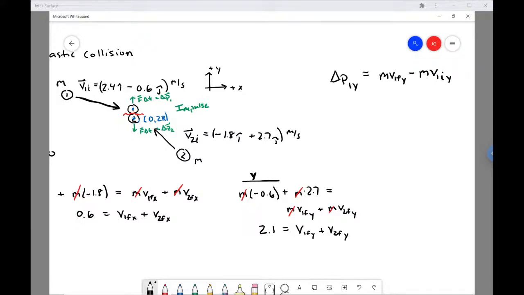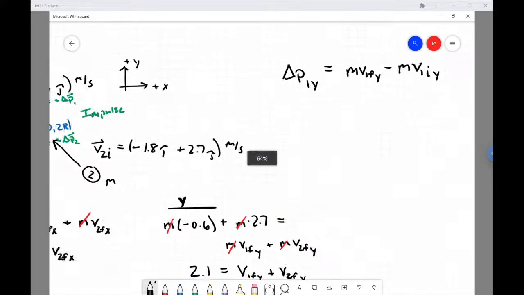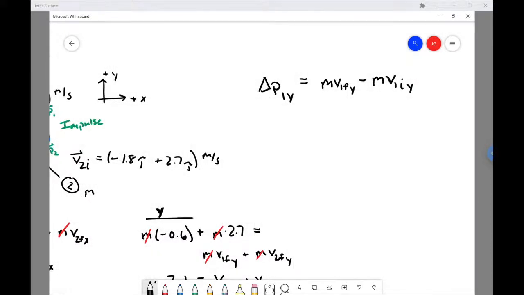The change in momentum of ball 1 in the vertical direction is its final momentum in the y direction minus its initial momentum in the y direction. And then the change of momentum of ball 2 in the y direction is going to be m v2 final y minus m v2 initial y.